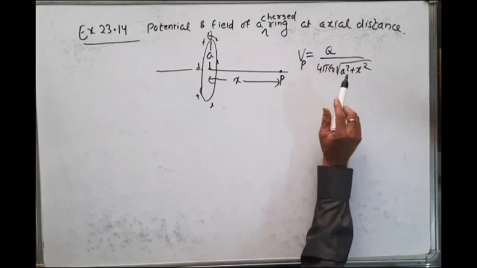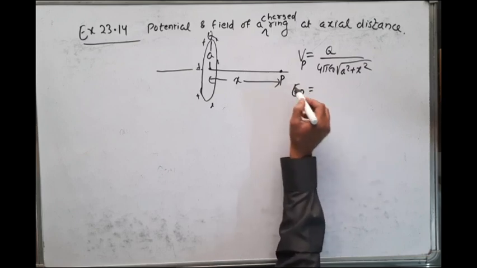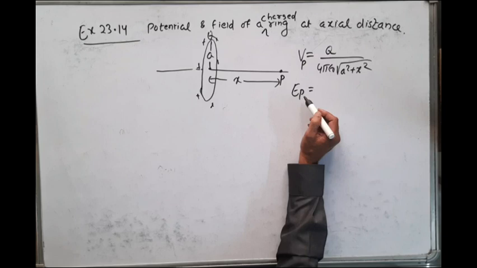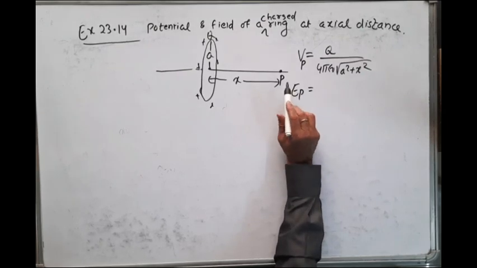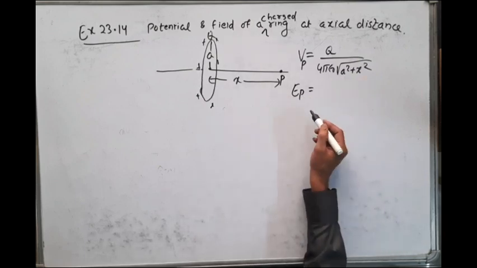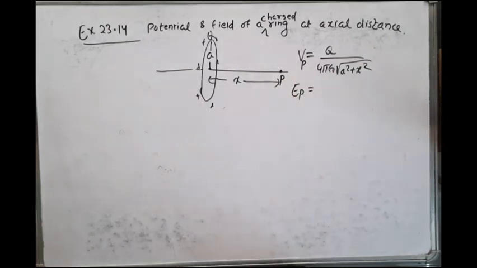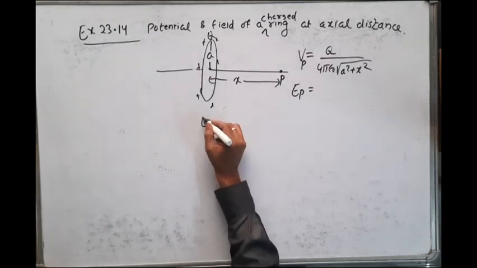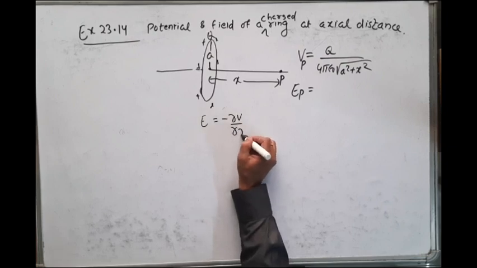I want to find the electric field intensity at P. I derived this during the electric field chapter using the integration method, where the y component is cancelled and the x component remains, which takes more time. But if you know the potential at P, how can you find the electric field intensity? The formula is electric field intensity equals minus dou V by dou R.